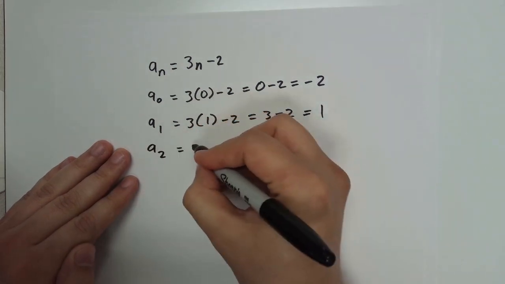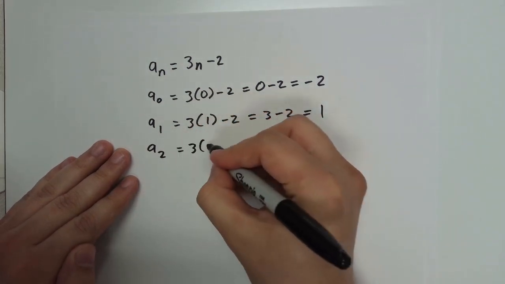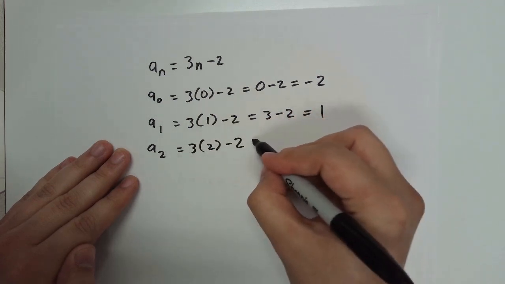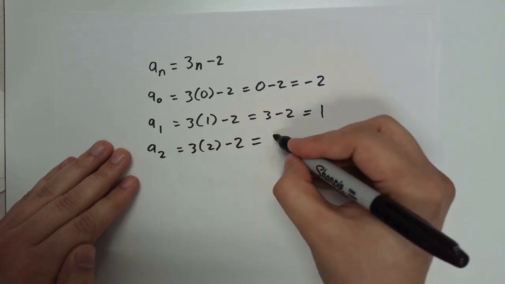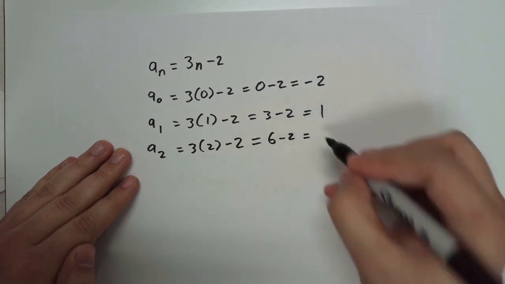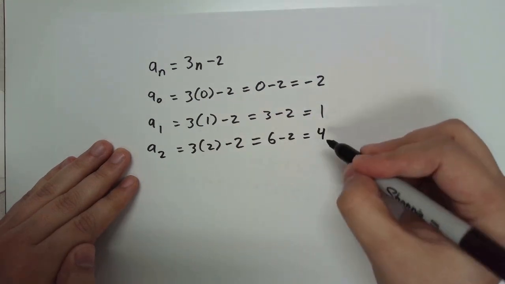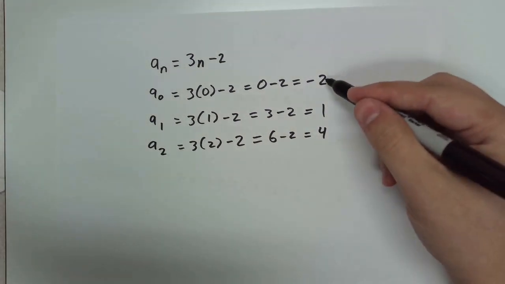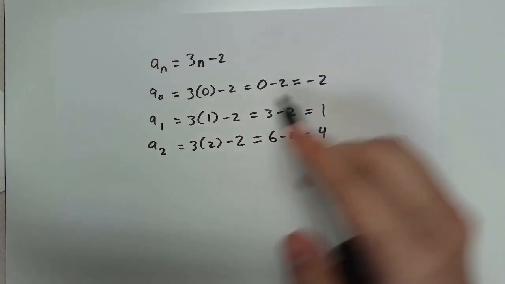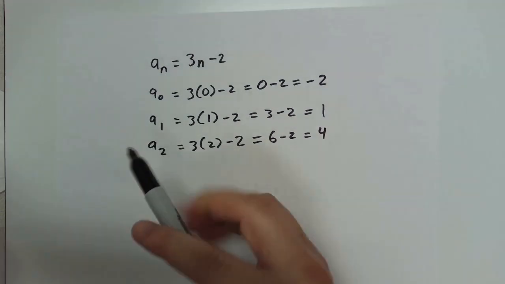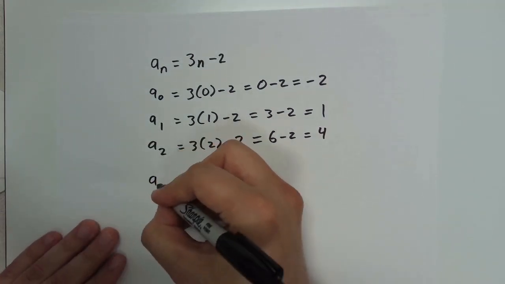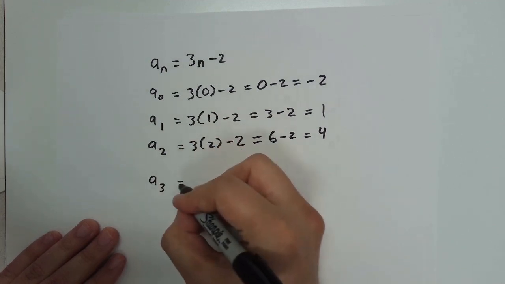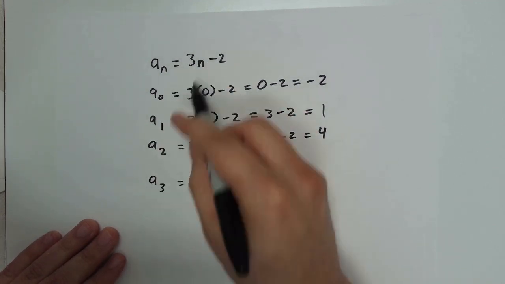We have a sub 2. 3 times 2 minus 2 is 6 minus 2, and that's just 4. So we can see our sequence starts off as negative 2, 1, and 4. And each time I add a number here next to a, our little sub here, so here's a sub 3, I'm just plugging in that 3 right there for n.